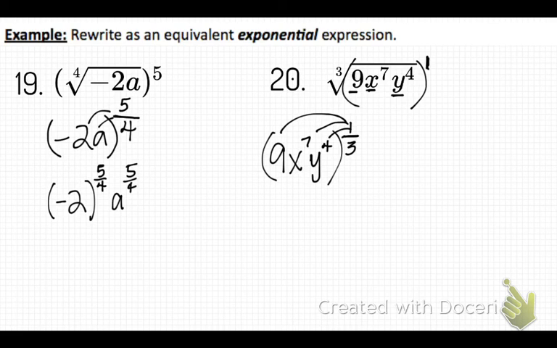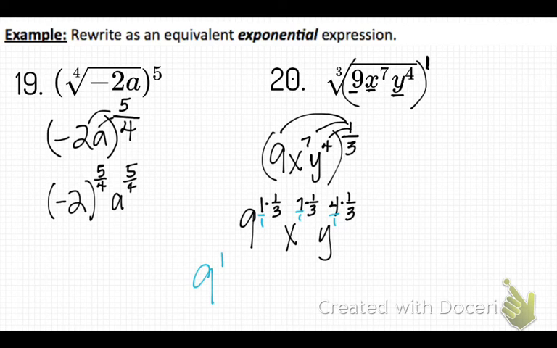So I end up with 9 to the 1 times 1/3, x to the 7 times 1/3, and y to the 4 times 1/3. So I can put a 1 underneath each of my whole numbers, and I get 9 to the 1/3, x to the 7/3, and y to the 4/3.